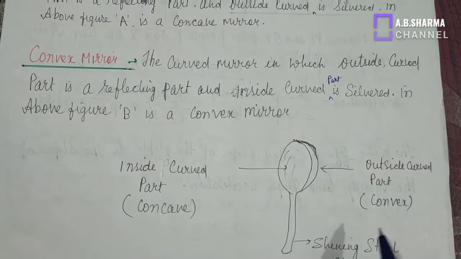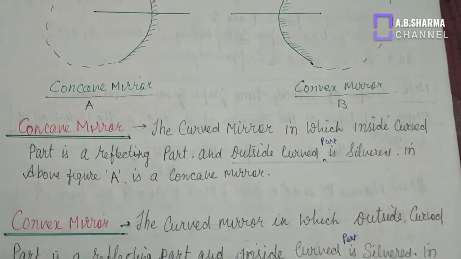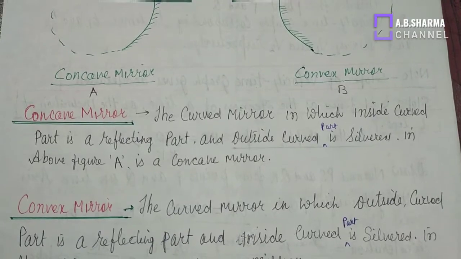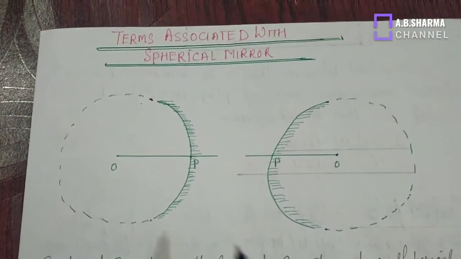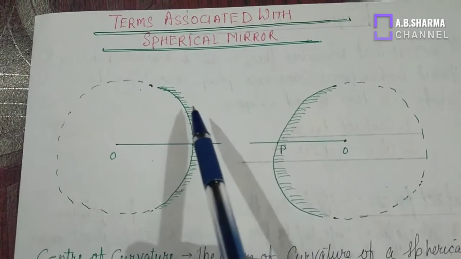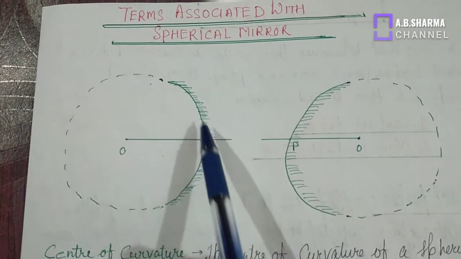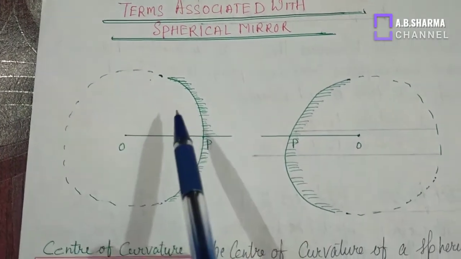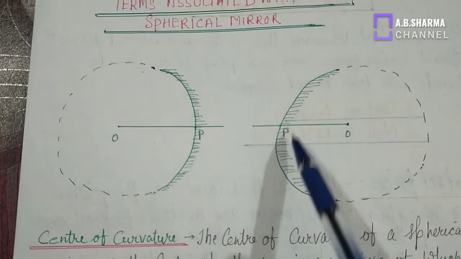Now there are some terms related to spherical mirrors. I will explain those terms properly. As I have already told you, spherical mirrors are considered as part of an imaginary sphere. As you are seeing, this is the concave mirror and this is the convex mirror.